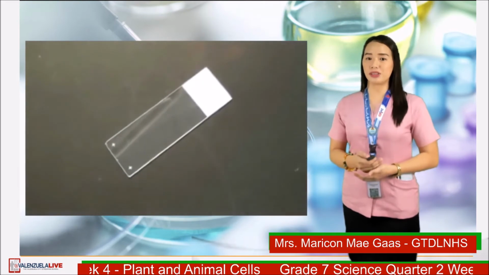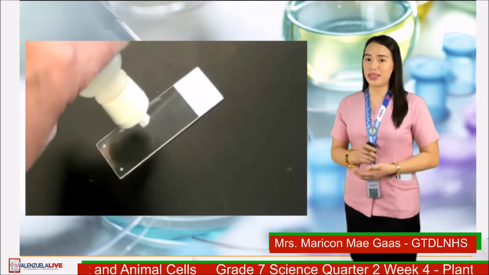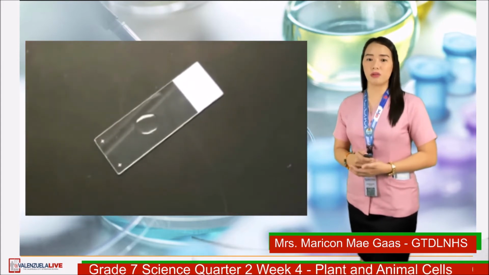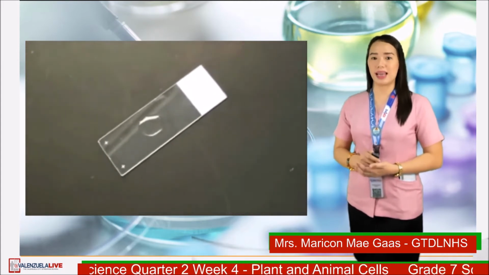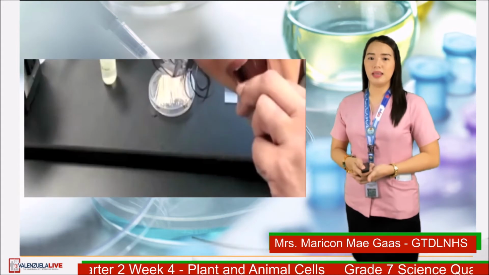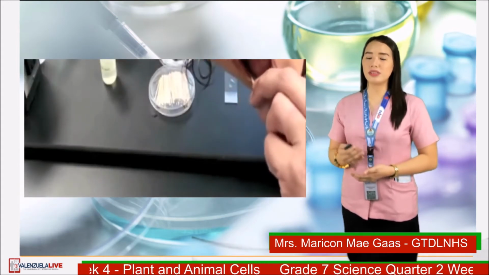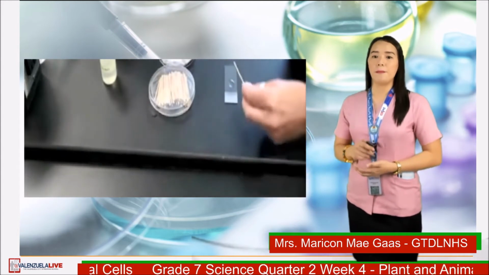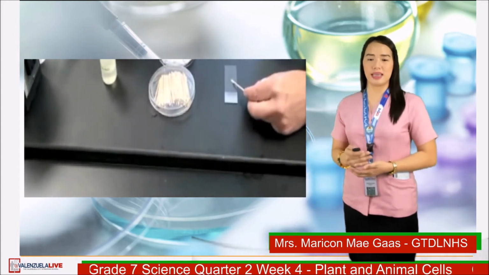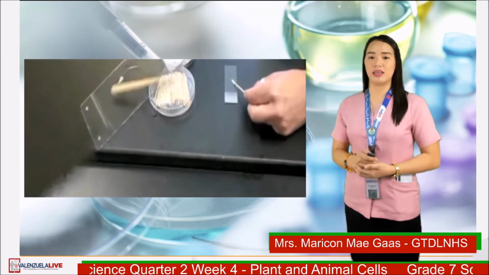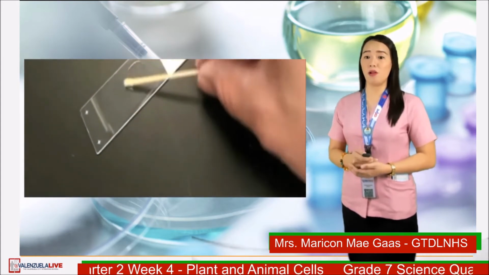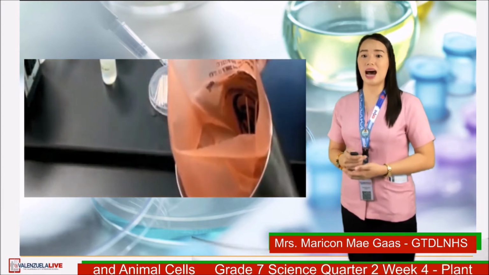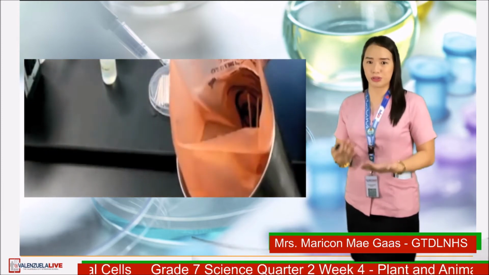For the preparation of this specimen, we need to place a very small drop of sodium chloride solution on the slide. Then, use a toothpick to get the cheek cells by swabbing gently inside your cheek. Then place the sample on the slide simply by swirling the end of the toothpick around the sodium chloride solution.